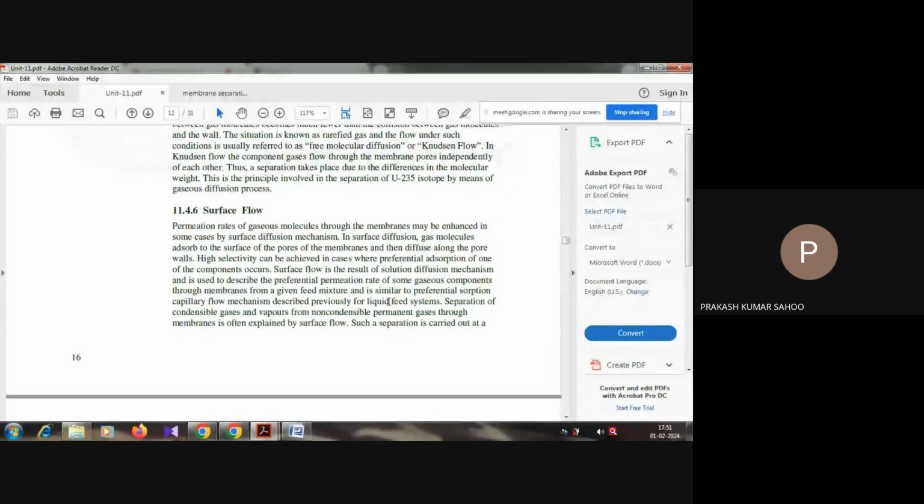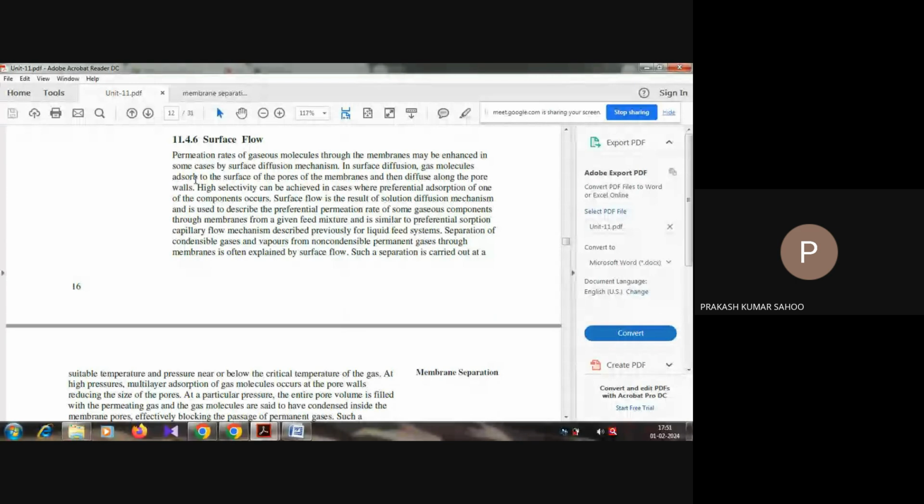Then surface flow. The permeation rate of gaseous molecules through the membrane may be enhanced in some cases by the surface diffusion mechanism. In surface diffusion or surface flow, gas molecules adsorb to the surface of the pore of the membrane and then diffuse along the pore walls. So on one side it is adsorbed, at the interface it is diffused, and on the other side of the membrane it gets dissolved.